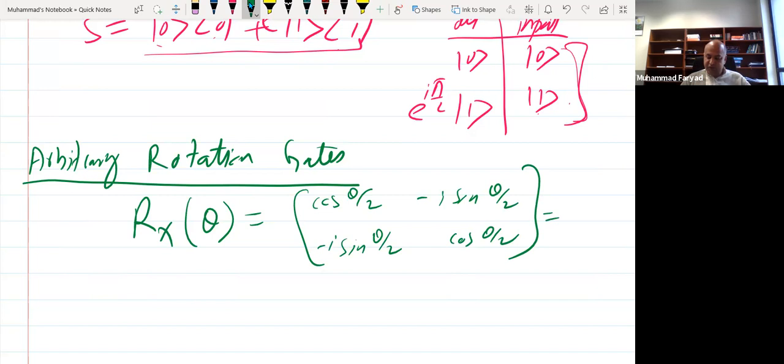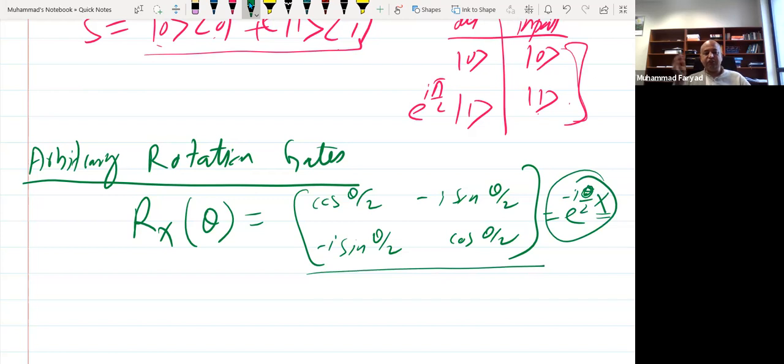For example, we don't have to worry about this for this course, but this comes from exponential minus iota theta by 2 into X, where X is sort of a generator of these rotations, and theta by 2 specifies the angle. But anyway, without worrying about these things, you can just remember that this is a gate for arbitrary rotation around x-axis by theta.